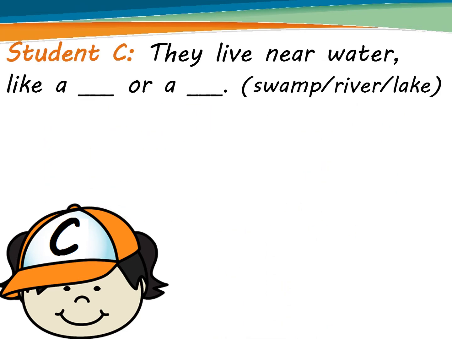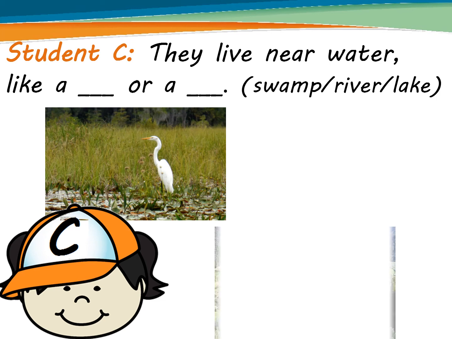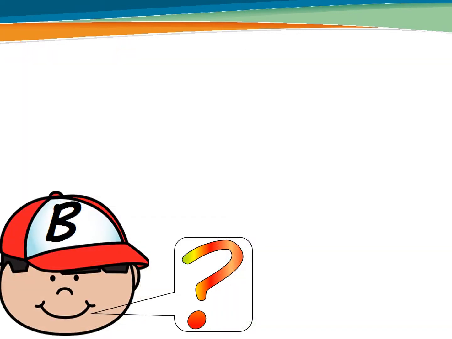Student C says, "They live near water, like a swamp or a river." One more time. They live near water, like a swamp or a river. Student B does not know what they eat.